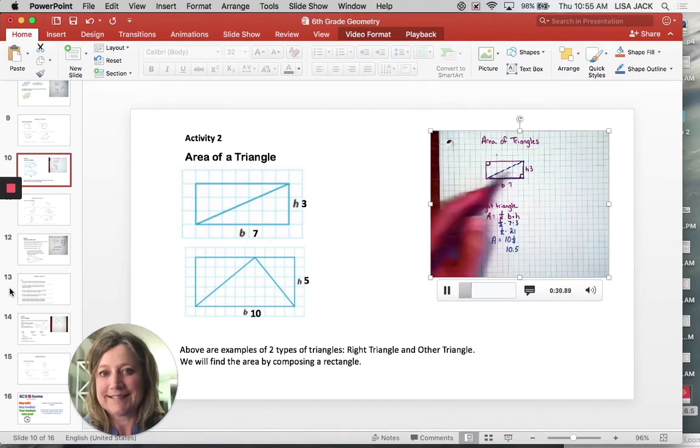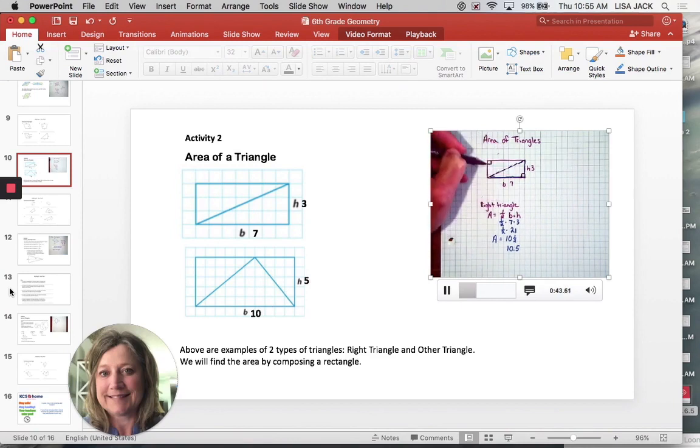To figure out the area of a right triangle, we can compare it to a regular rectangle. We see that this triangle is half the size of a rectangle. The rectangle has an area of base times height, so we just need half of that.